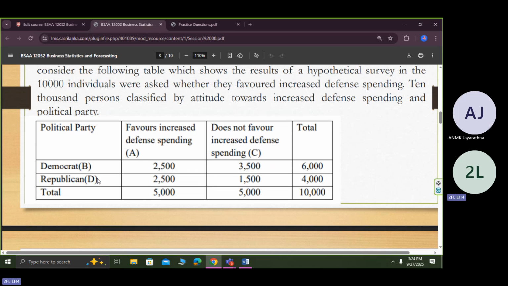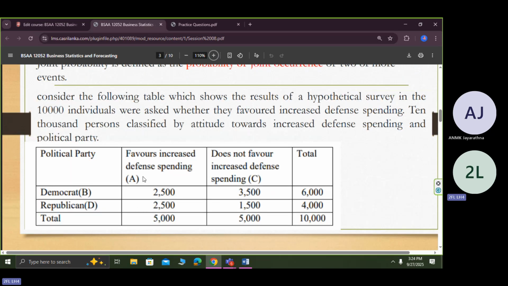What is the probability that the respondent is a Republican and does not favor increased defense spending? 1,500 over 10,000. Understood? These are the examples for joint probability. It's clear?